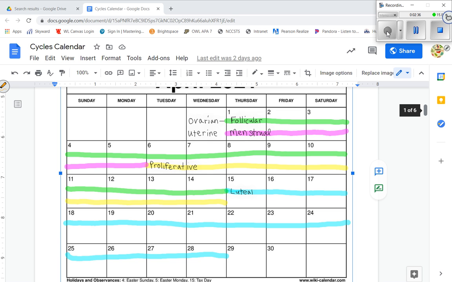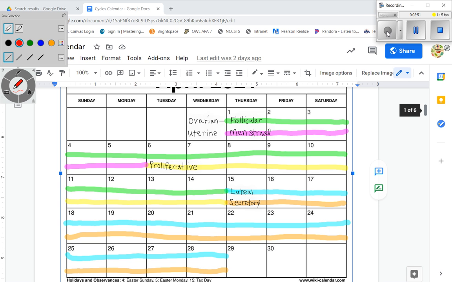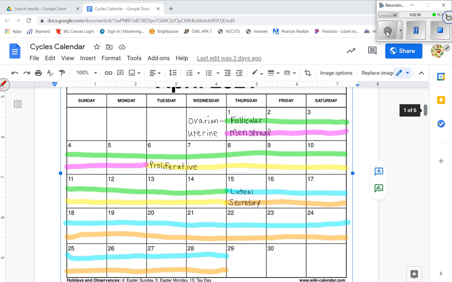So it is going to be the same as the luteal phase. Okay, so now we have her ovarian cycle and her uterine cycle on the calendar, and that helps us see how they overlap.